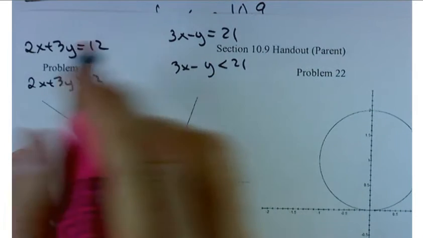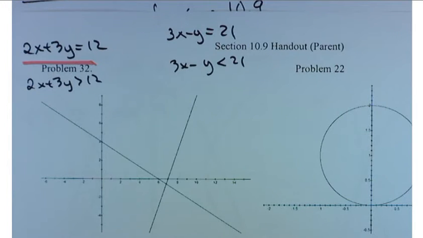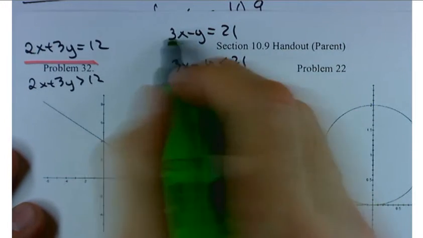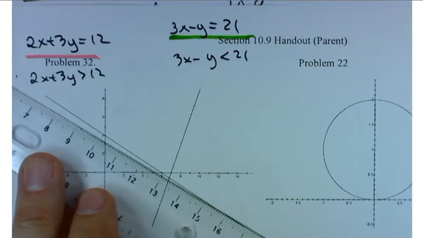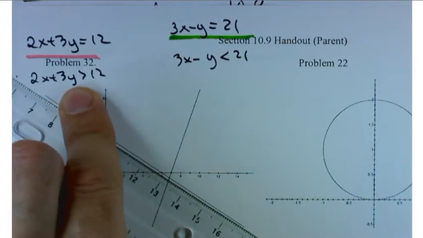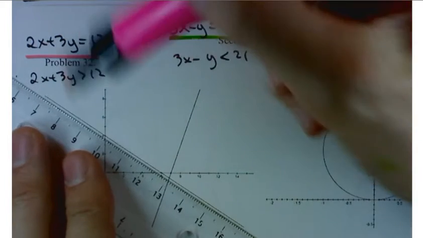And let me look at those in terms of some colored graphs. So here and here. If you want to borrow some rulers, I've got plenty up here. Take advantage of them. But because this is a greater than, I'm going to use a dashed line to draw this.